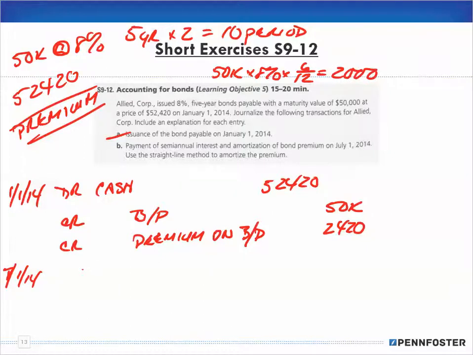So it's the same interest payment. We are going to credit our cash for the $2,000.